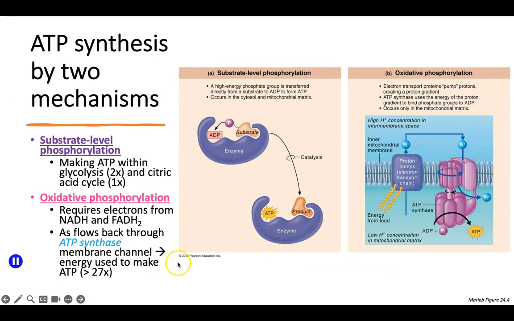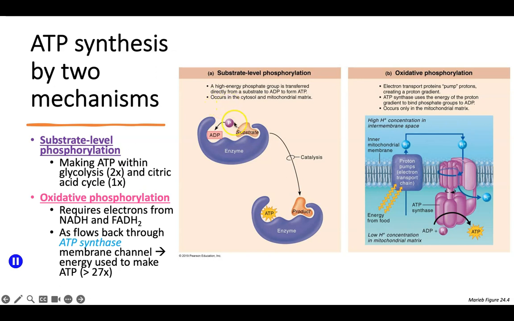All right, so the big purpose of these redox reactions in metabolism is to create energy, so to synthesize ATP. And there are 2 mechanisms by which ATP synthesis is occurring. First, we have substrate level phosphorylation. So this is what's occurring within glycolysis as well as within the citric acid cycle.